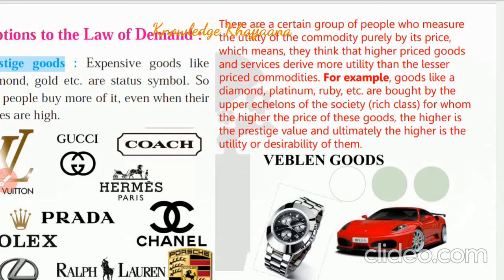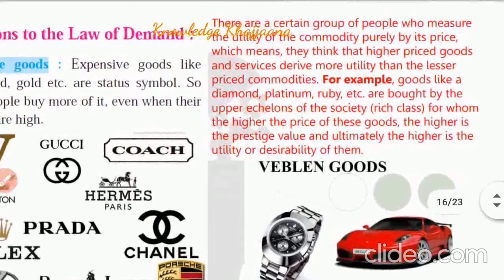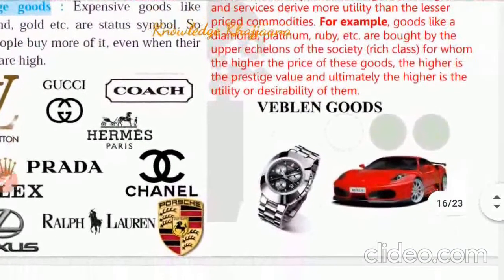For example, goods like diamond, platinum, ruby, etc. are bought by the upper echelons of the society, that is the rich class, for whom the higher the price of the goods, the higher is the prestige value, and ultimately the higher is the utility or desirability of them.